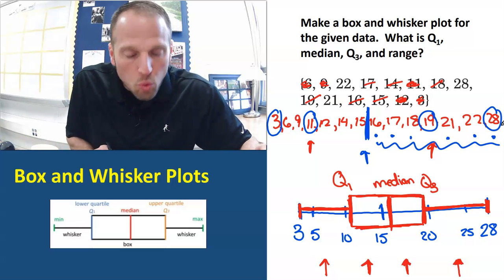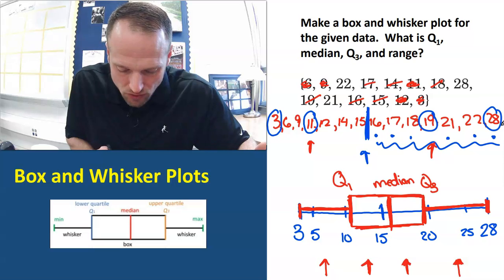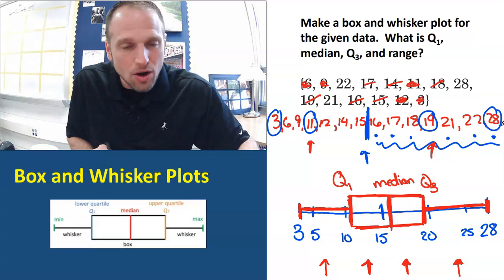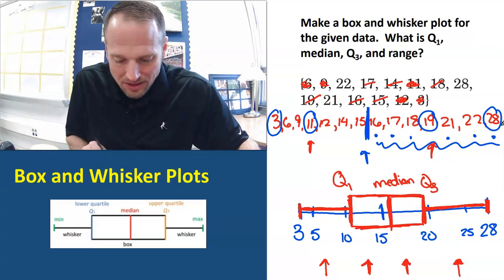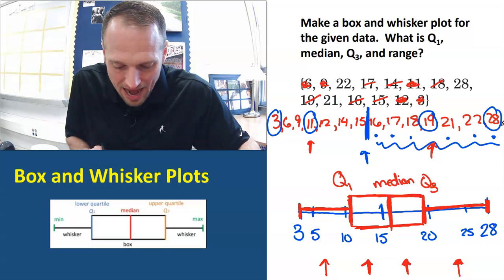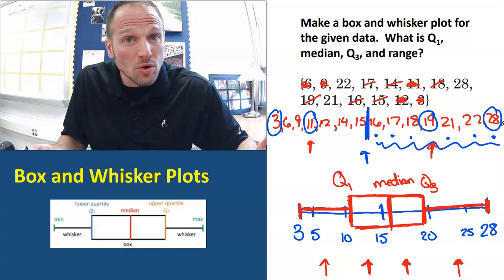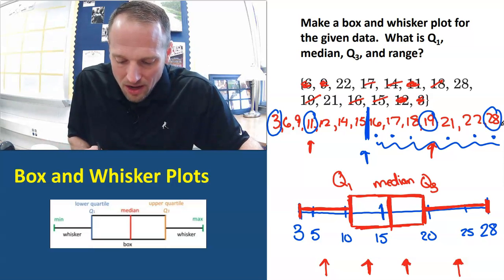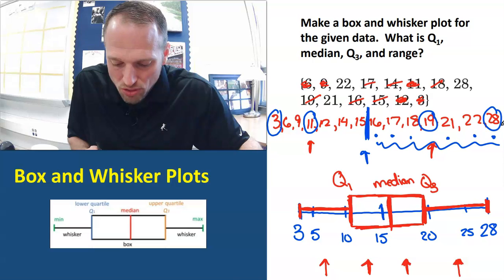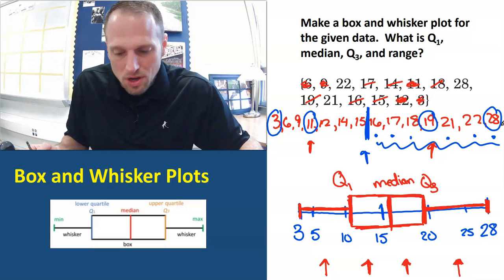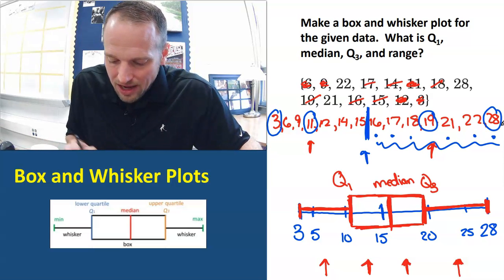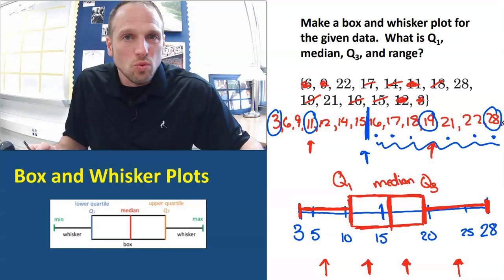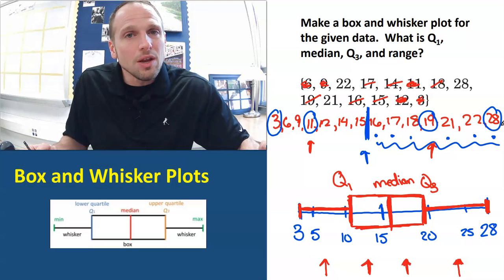So our first quartile is right there because that's where the first quarter ends. The median is halfway at the end of the second quarter, right? 2 quarters out of 4, 2 out of 4 is halfway. Then our third quartile is where the third one ends, Q3, and then the end of our whisker is where the fourth quarter ends.